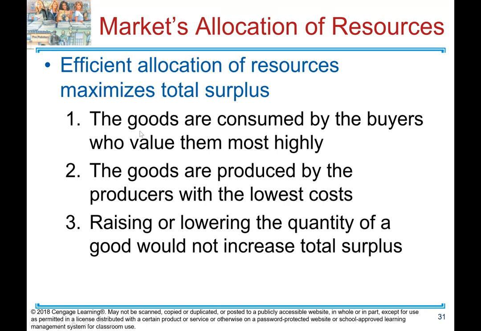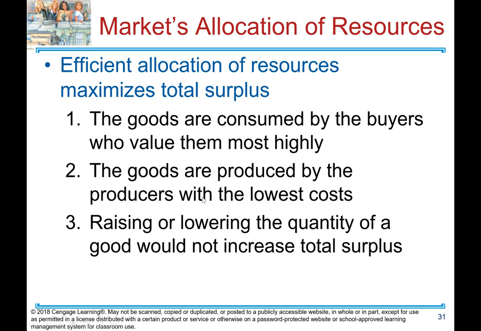So, number one, the goods are consumed by the buyers who value them most. If you want to know that the market is working efficiently, those who get the goods are those who value them most. Number two, the goods are produced by the producers with the lowest cost, in other words, producers who are most efficient.